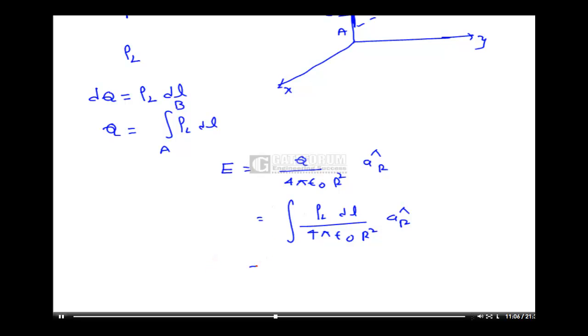So that is equal to 1 by 4 pi epsilon naught integration rho L dl into 1 by r square ar bar. Now we have to calculate r.